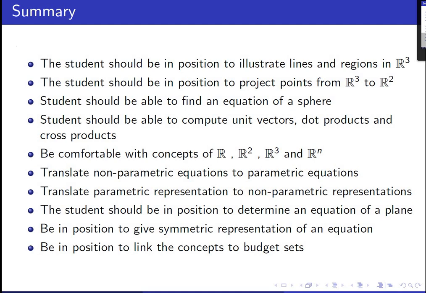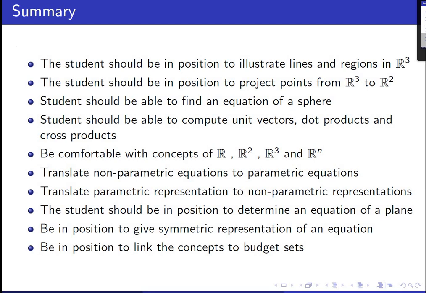And it's important to know how to compute unit vectors, dot products, as well as cross products. And you should know what it means for a vector to be in R. A vector in R is simply a scalar. A vector in R2 will just be a vector with 2 components. A vector in R3 is a vector with 3 components. One in Rn will have n components.